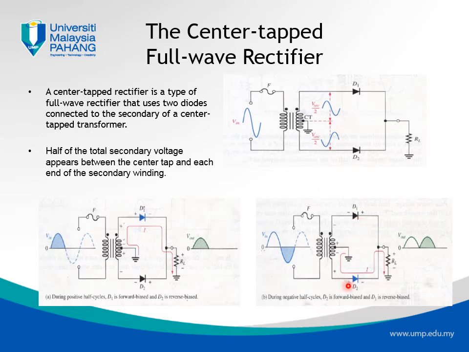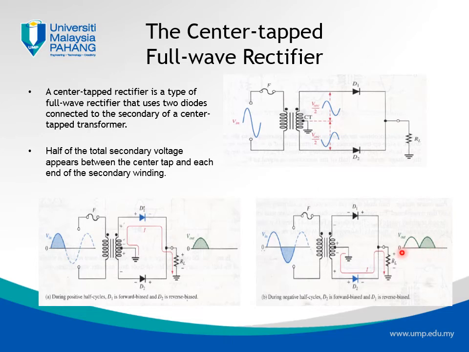But now it is divided into two, and we have D2 which is in forward bias. So the negative side of the waveform can also circulate to get into the load resistor. So we have also replicated the negative side of the input waveform, but now it has been reversed into the positive side in the output.